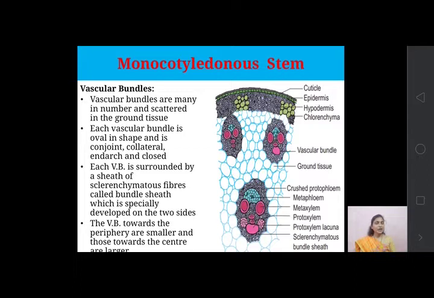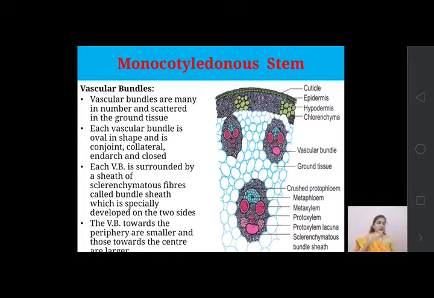The nature of these meristematic tissues is that they are continuously in a dividing stage. So they divide, redivide, and form new tissues, and then there is expansion of the girth of the stem. But in the case of the monocotyledonous stem, it is absent.